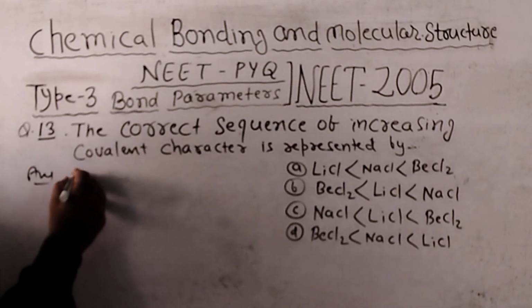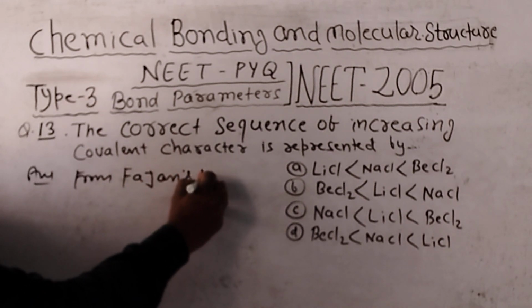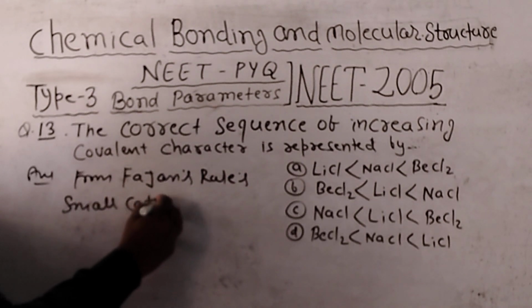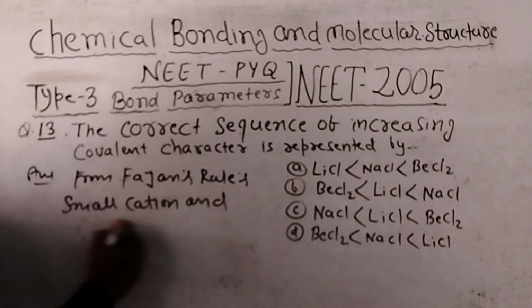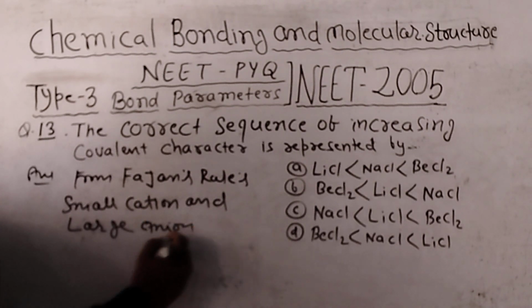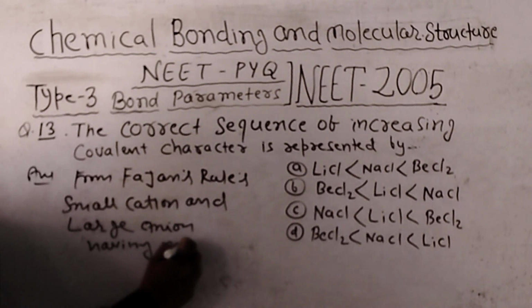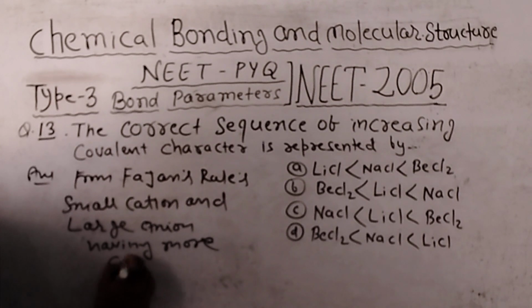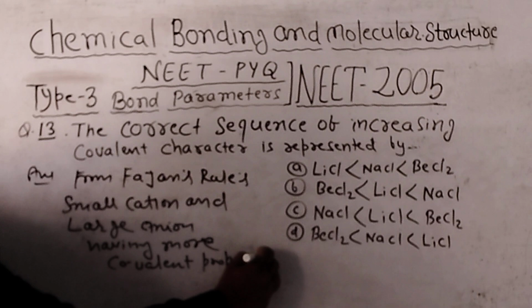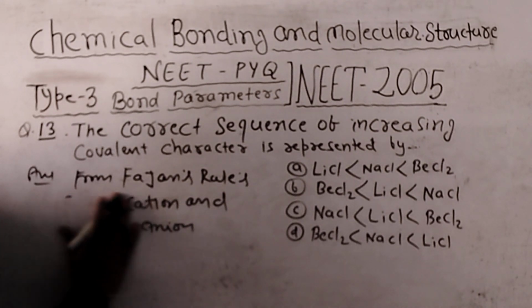Now from Fajan's rules, a small cation and a large anion have more covalent properties. So a small cation, large anion.